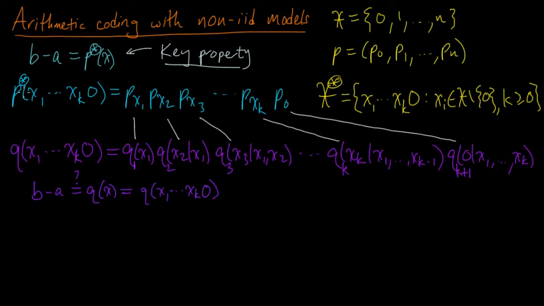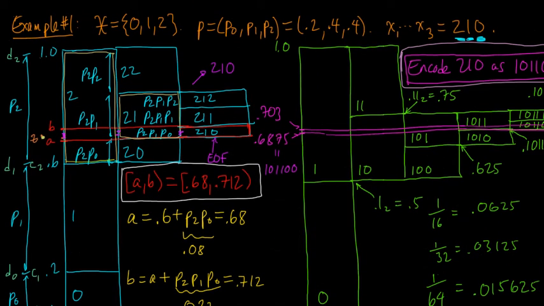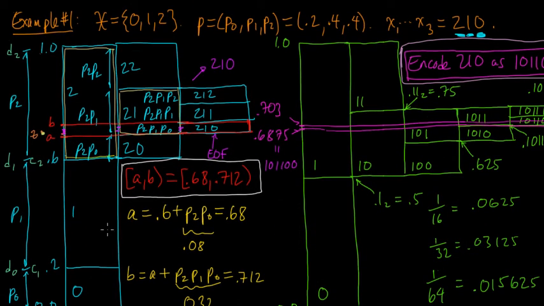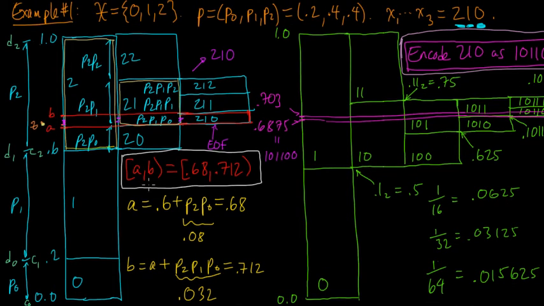Well, let's think back to the i.i.d. case. Here was our example 1, good old example 1. Let's think about what it was about the way we did this that made the length of that final interval exactly the product of the probabilities. For example here, the width of the interval from A to B was P2, P1, P0, and that was the sequence we were encoding.